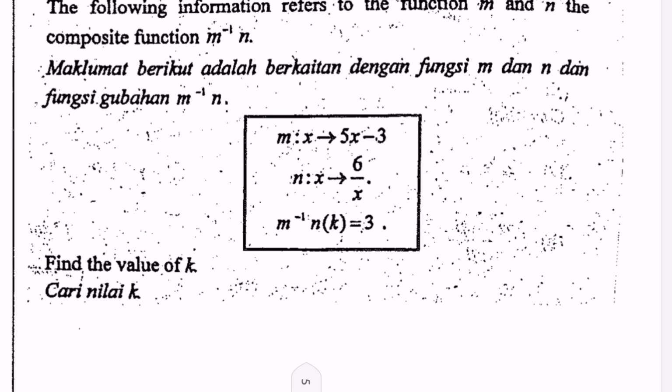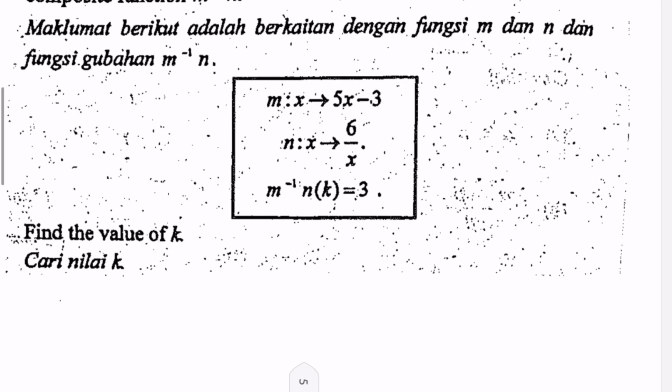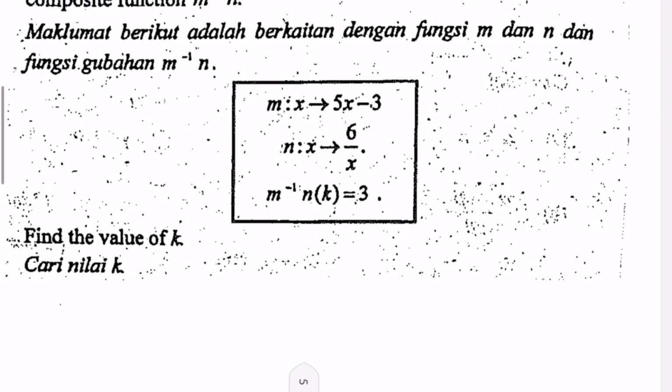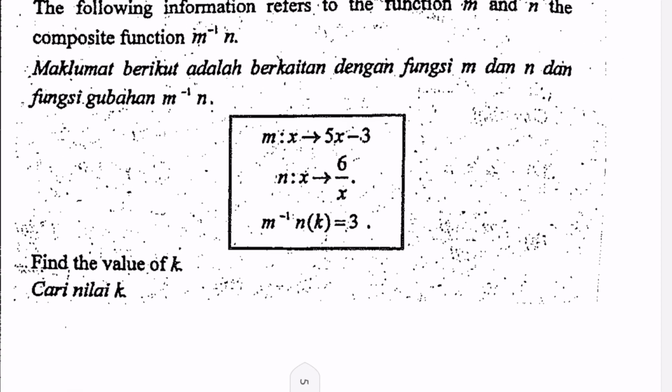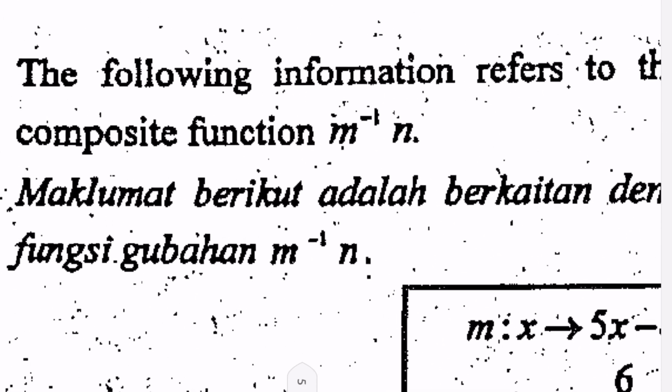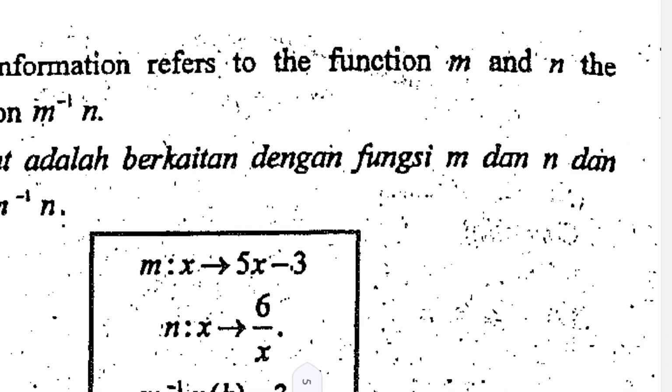Let's see this question. You are given m(x) equal to 5x minus 3 and n(x) equal to 6 over x, and the following information refers to the functions m and n, and the composite function m inverse n.